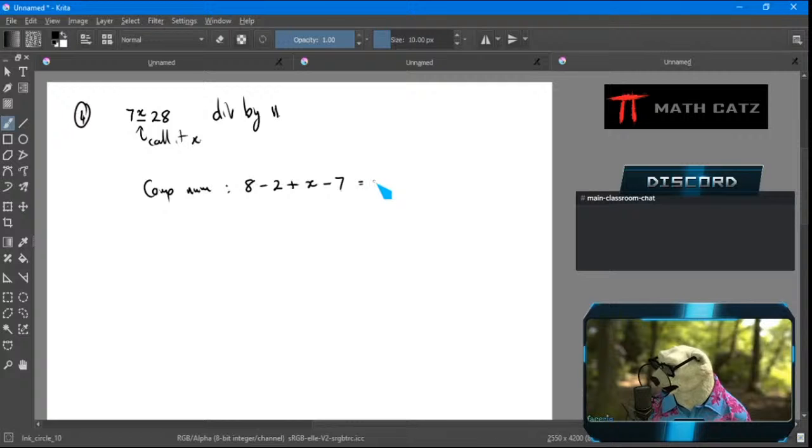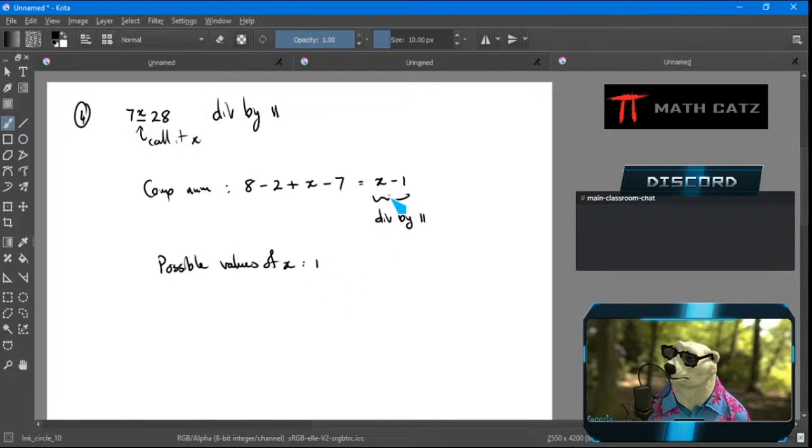So I get x minus 1. This has to be divisible by 11, and x is a single digit number. So it's not hard to see my possible values of x can only be 1.